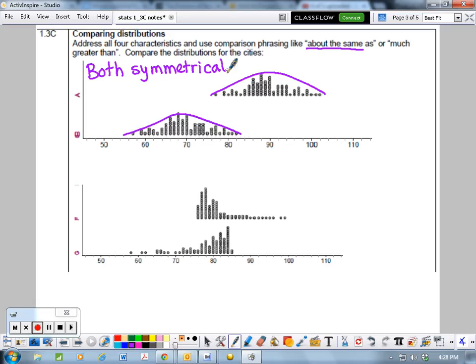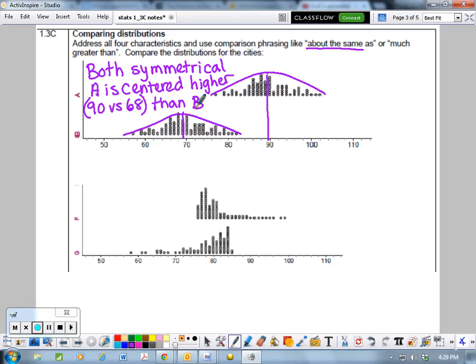Distribution A is centered right around 90, while distribution B is centered right around 68. So A is centered higher. And I'm going to go ahead and put 90 versus 68.